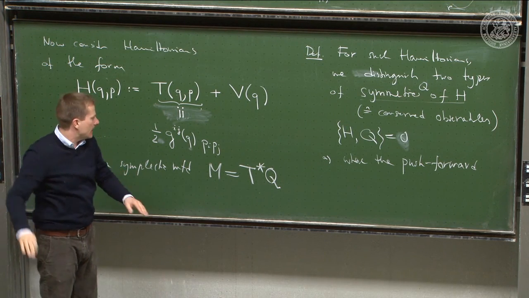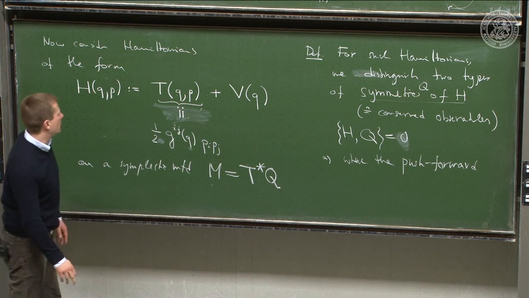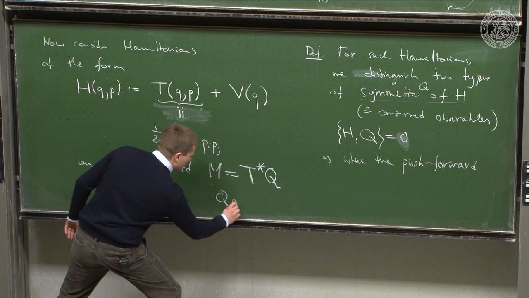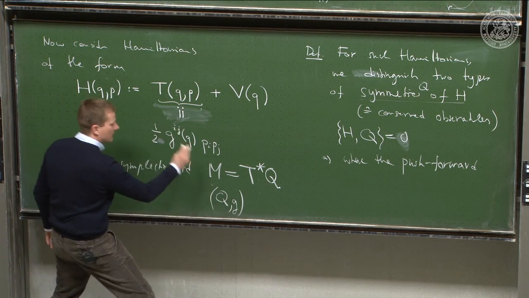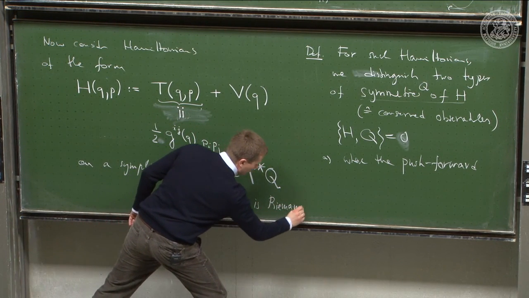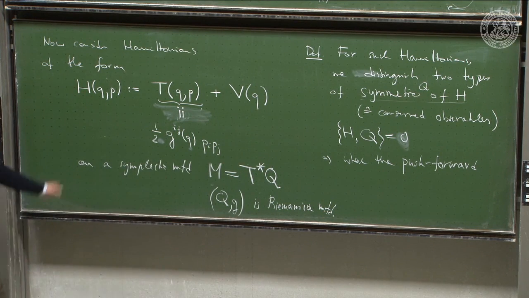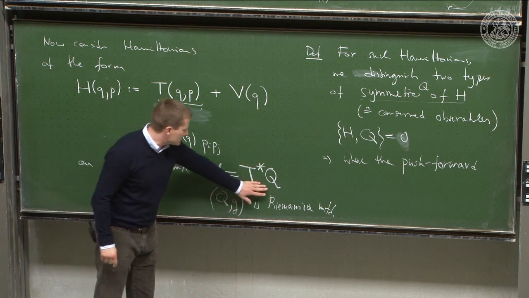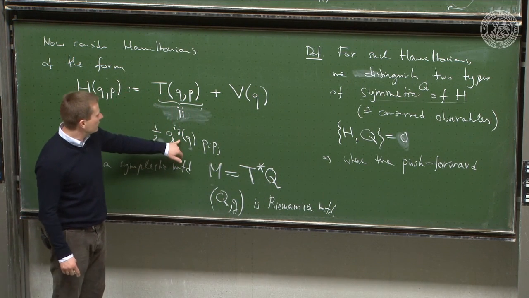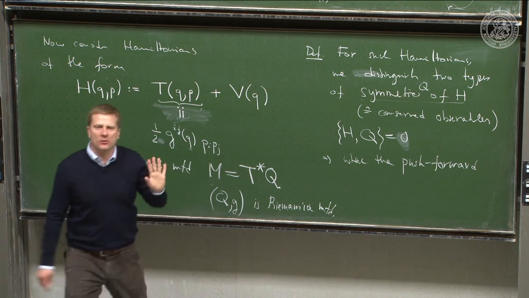But if I have M arise as the cotangent bundle of some Q, then I can require that Q with the G is a Riemannian manifold. So that is really the setting I look at. The symplectic manifold is the cotangent bundle of a Riemannian manifold, and I use the inverse of the metric on that Riemannian manifold to build this guy, and now I know where all the objects come from.